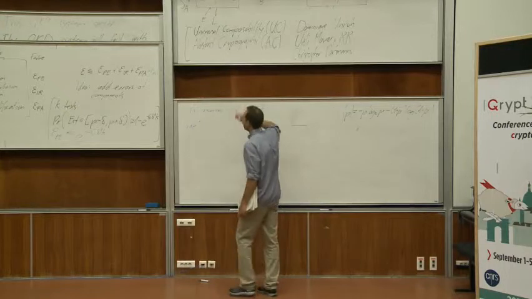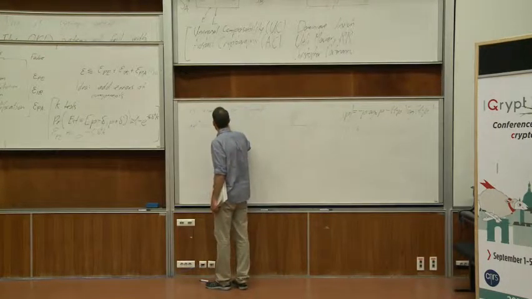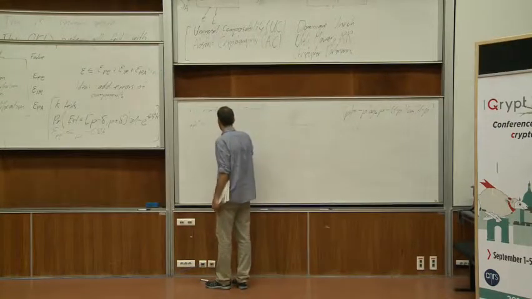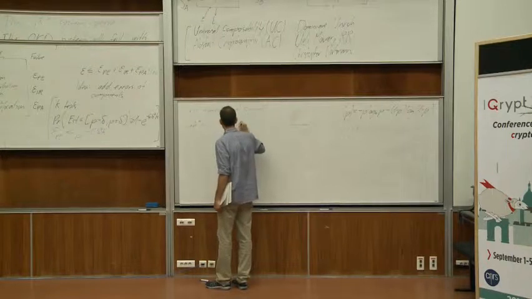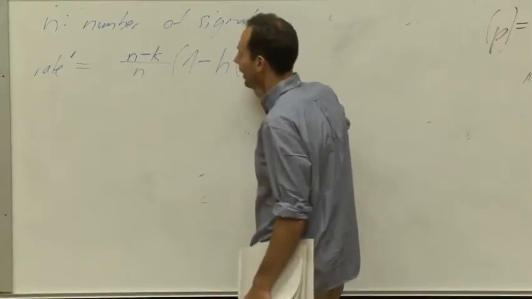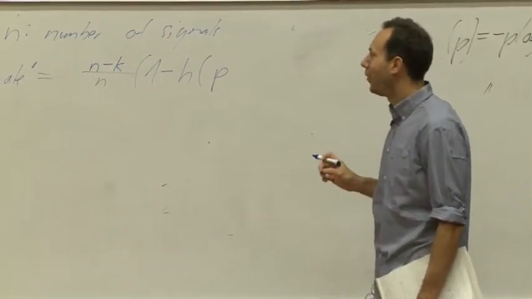It's not this asymptotic rate that I had before. It's essentially given by n minus k, because that's what you lose, divided by n. And then you still have this expression from before, h of, and now, because I have only an estimate of P, I need to make a worst case estimate.